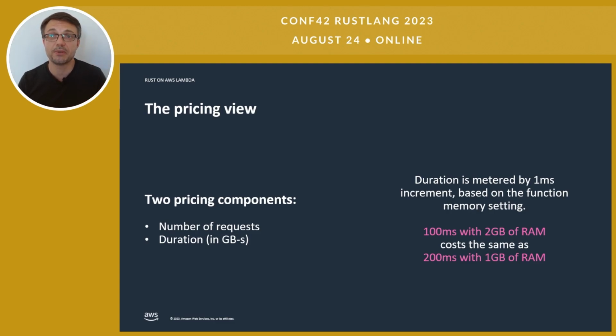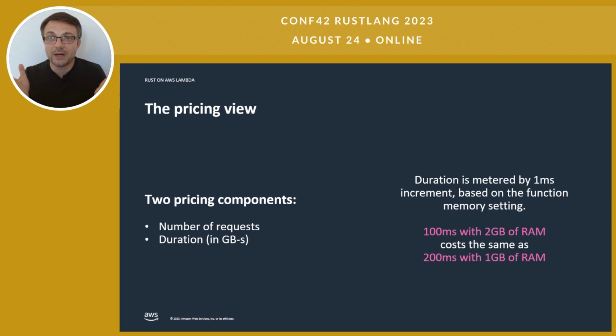If you can optimize the time of how long your lambda function is running, it essentially means that you can also optimize on the cost. Another very important thing to realize here is that you will pay the same for a function which runs 100 milliseconds with 2 gigs of RAM configured, or a function that runs for 200 milliseconds with 1 gig of RAM configured.